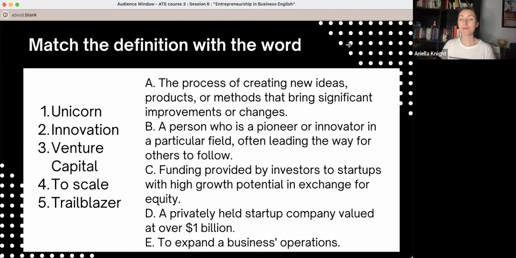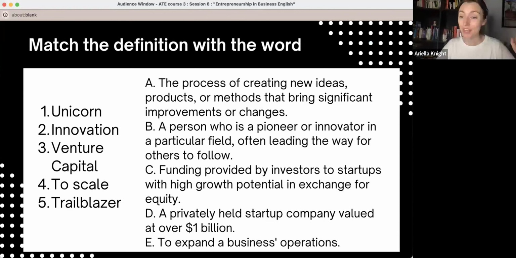Number 1, unicorn in the startup world. What does it mean to be a unicorn? I'm seeing the right answer come in.